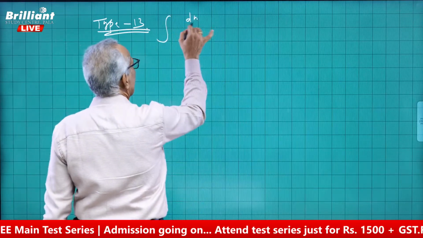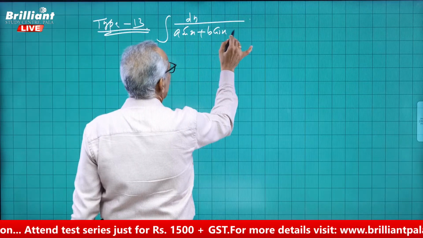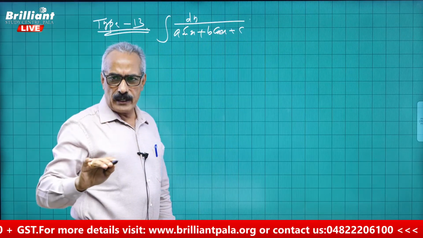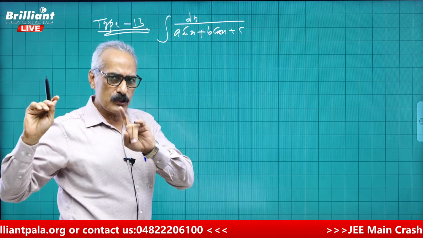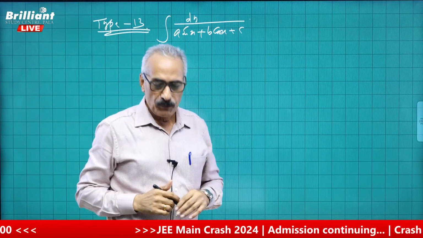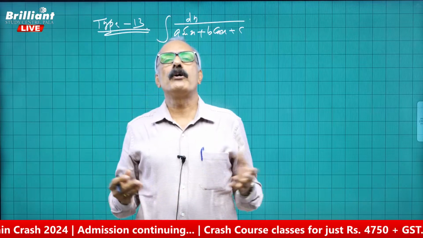That is integral dx divided by a sin x plus b cos x plus c. So first degree by first degree, that's our type number 11. 1 by second degree, that is you divide by cos square x or sin square x. 1 by first degree.